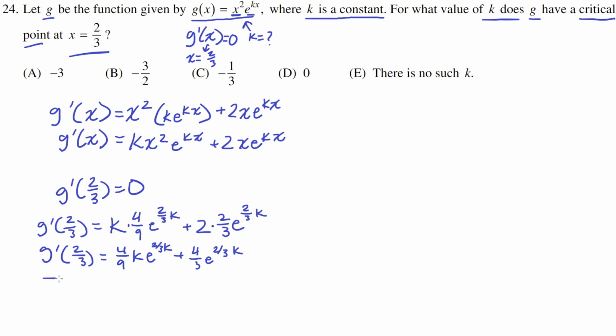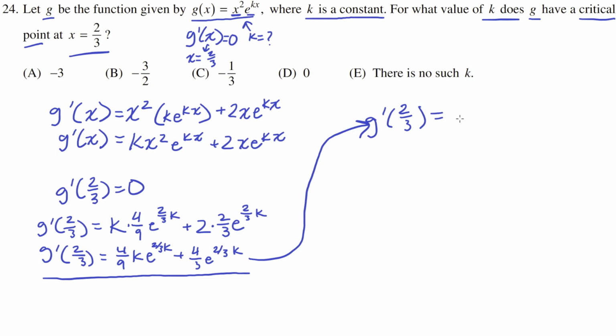So now that this is the value of g prime at x equals 2/3, we can simplify this one step further by taking some factors common. This is going to be the last step of simplification before we solve for the value of k.